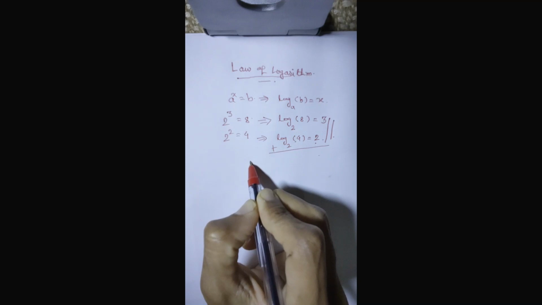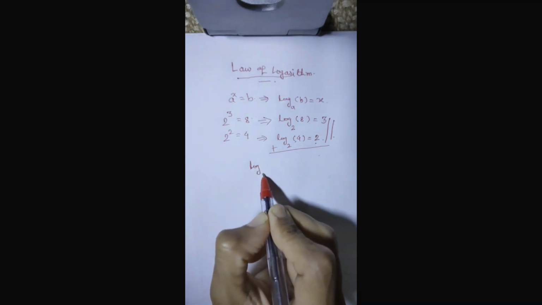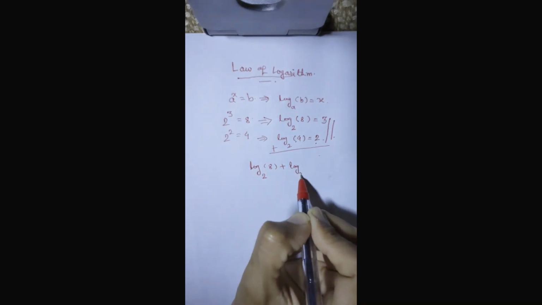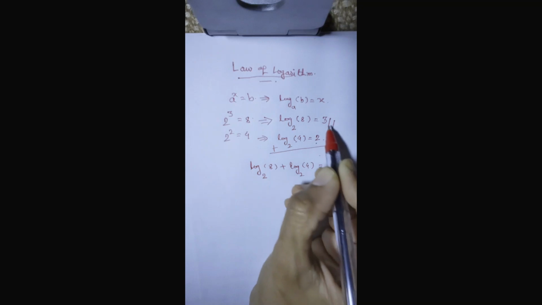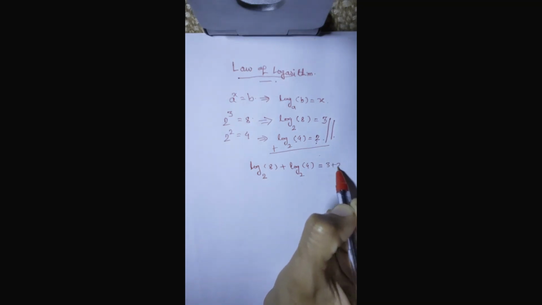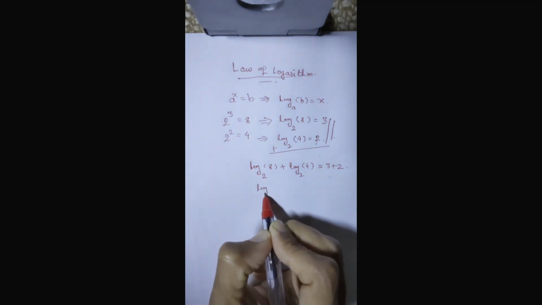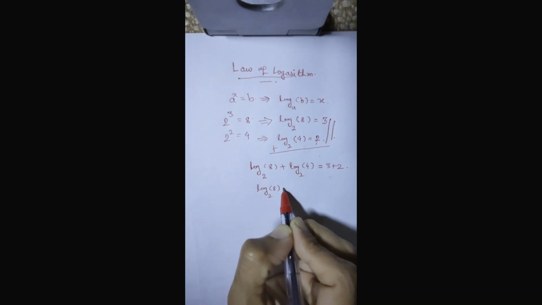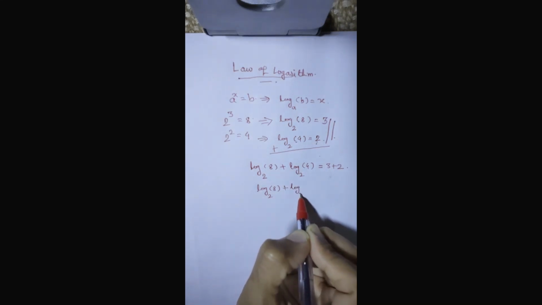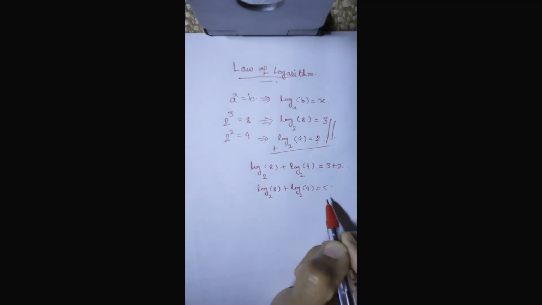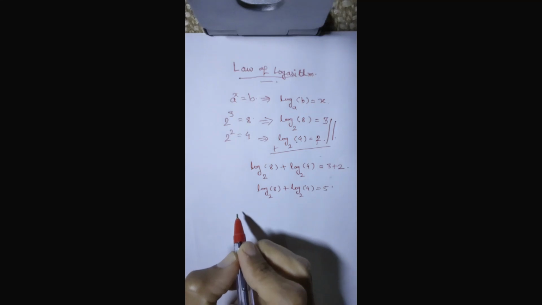So I will get log to the base 2 of 8 plus log to the base 2 of 4 is equal to 3 plus 2, which is equal to 5. Correct?